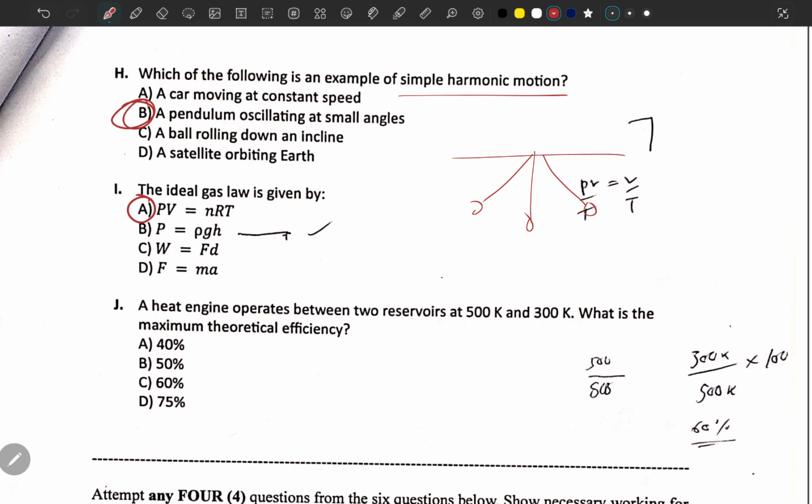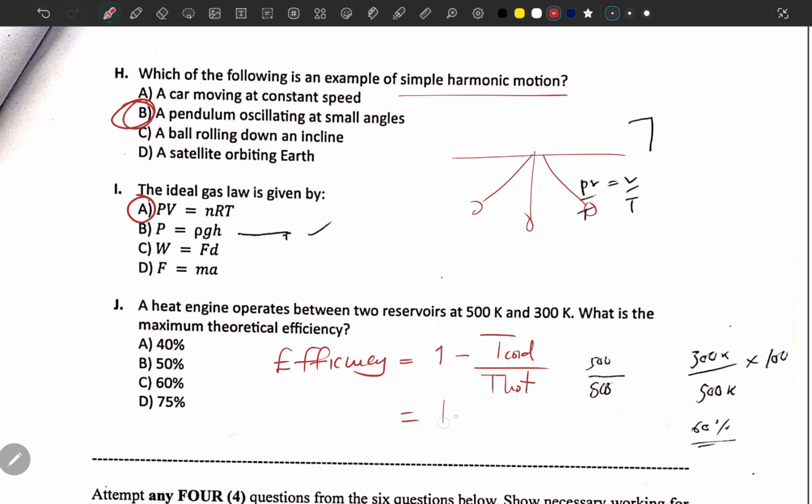A heat engine operates between two reservoirs at 500 kelvins and 300 kelvins. What is the maximum theoretical efficiency? All right, so maximum theoretical efficiency is given by 1 minus the cold temperature over the temperature which is hot.